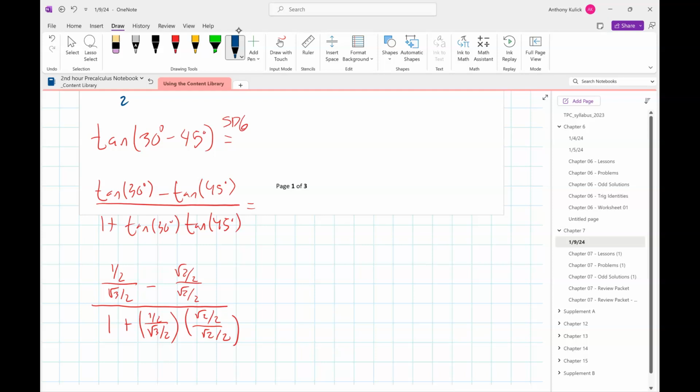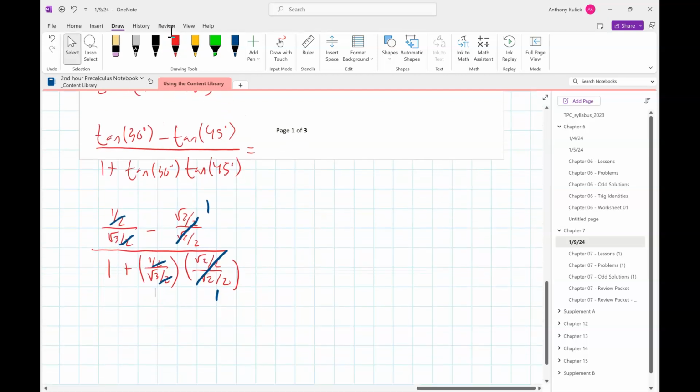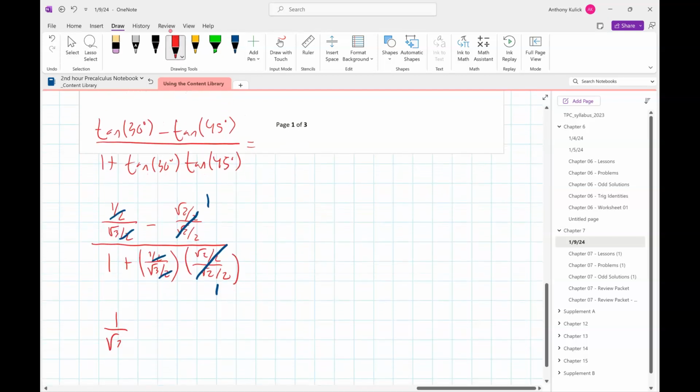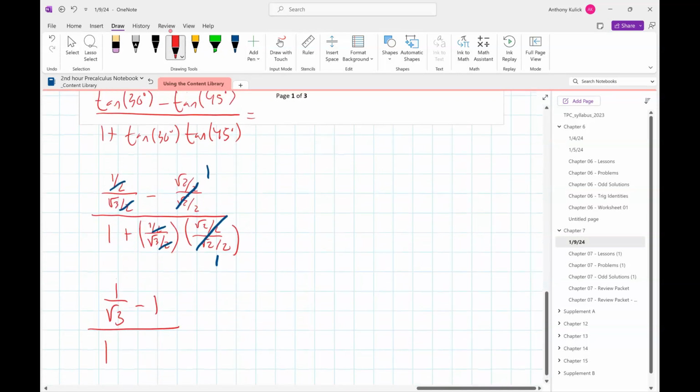So root 2 over 2 divided by root 2 over 2, those just become 1s, right? And in the other fraction, the denominator of 2's can cancel out. So here I have 1 over root 3 minus 1 over 1 plus 1 over root 3.